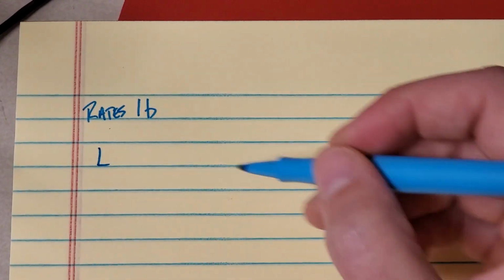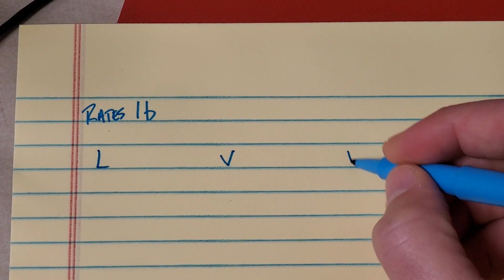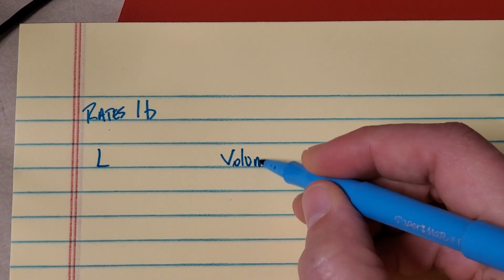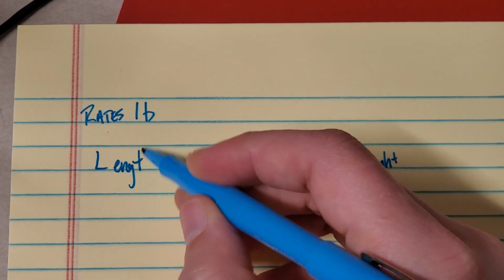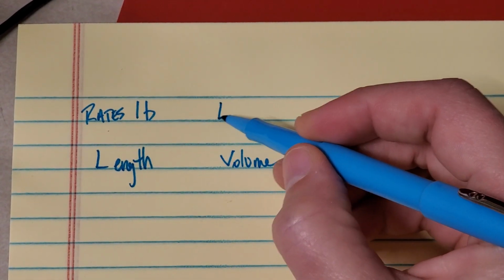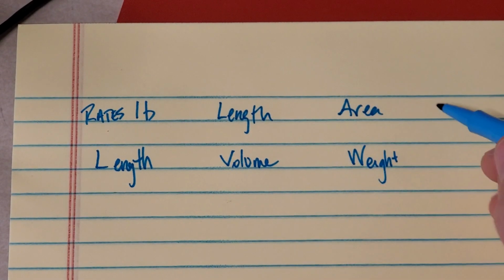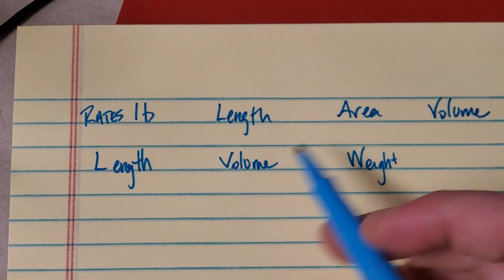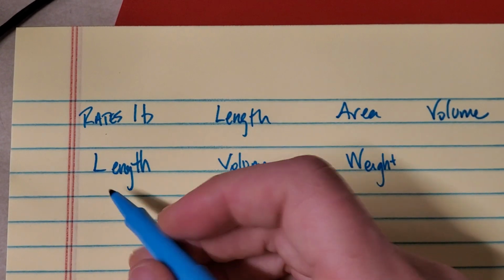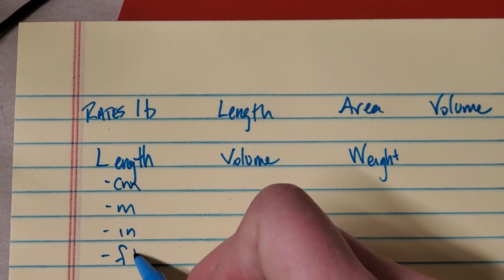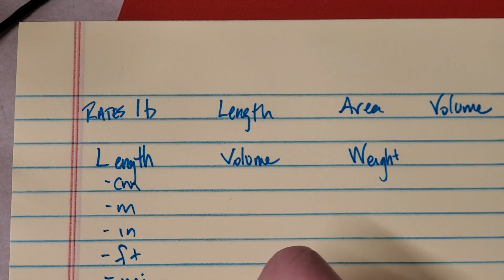What I want to help you with in this video is kind of understanding the difference between length, volume, and weight or mass. Also, when we measure length, area, and volume using length measurements, length measurements might be things like centimeters or meters or inches or feet or miles or kilometers.